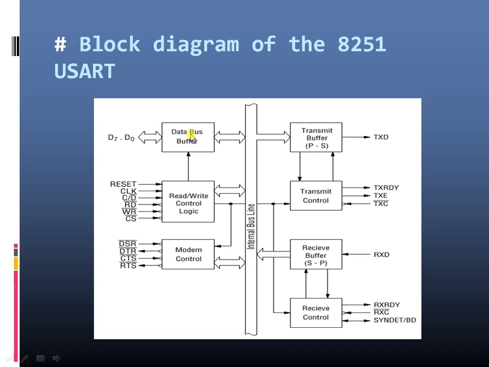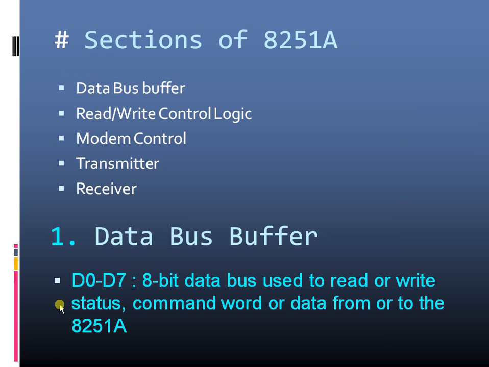Apart from these, there is one internal bus which is connected to all these blocks, and then we have a parallel to serial converter while transmitting, and a serial to parallel converter while receiving. We have a transmit control block and a receive control block, which control the operation of the transmit buffer and the receive buffer. Let us see them in detail.